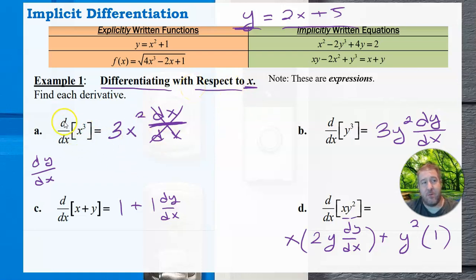Looking at the first question, if we're going to find the derivative with respect to x of x cubed, we've been doing that one for a while now, since Unit 1. That would simply be the power rule, 3x squared. Now, we don't typically write units for this, and here's the reason why. 3x squared is the derivative of x with respect to x.